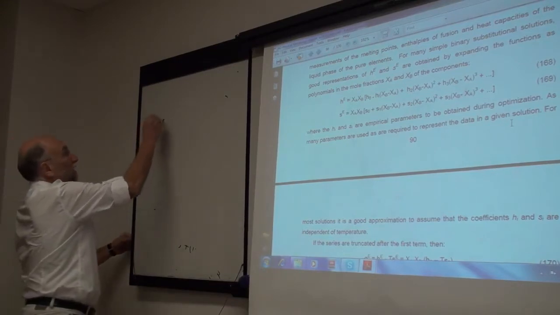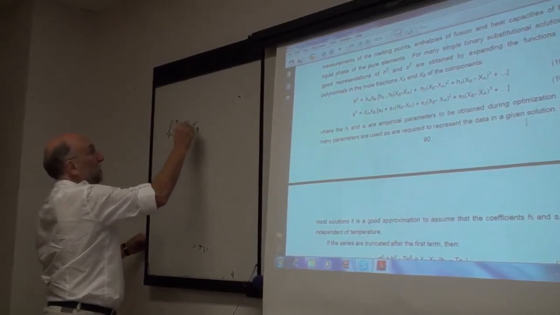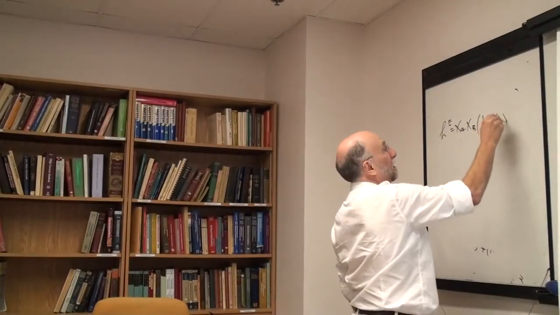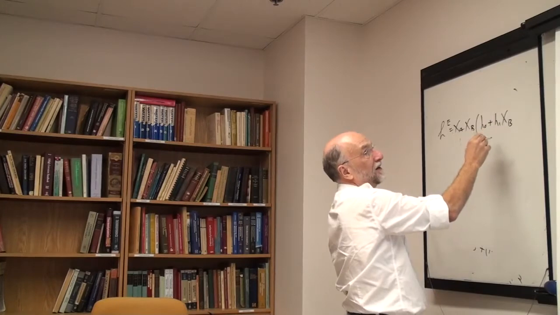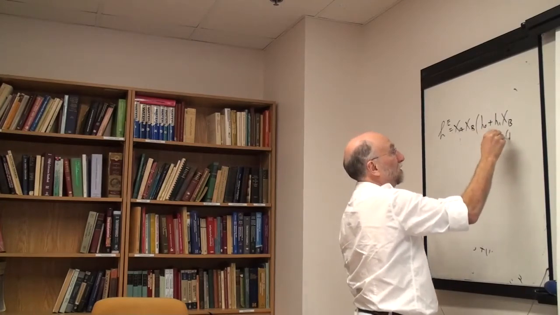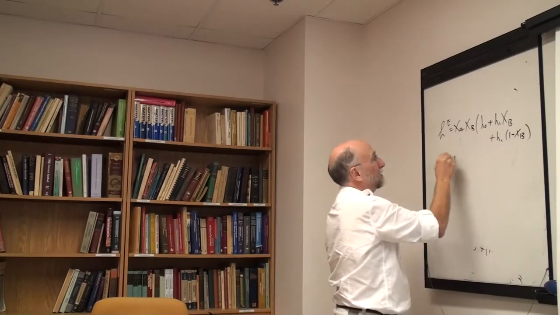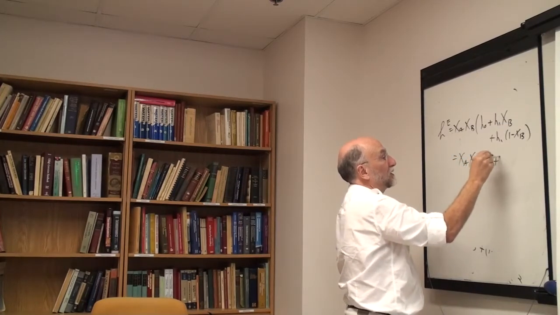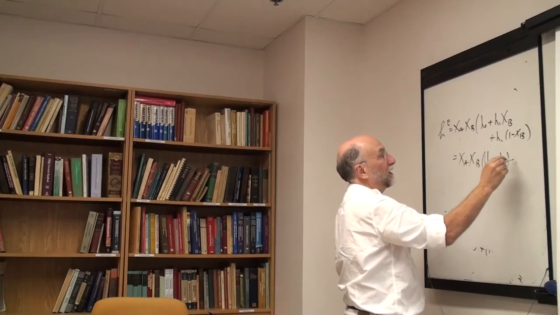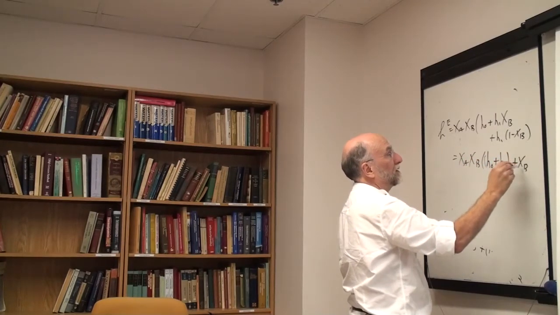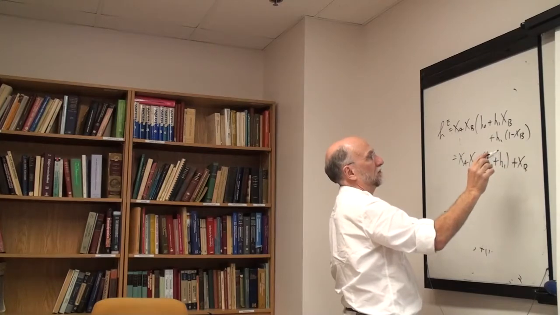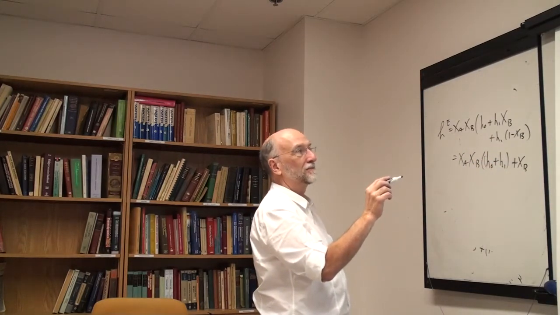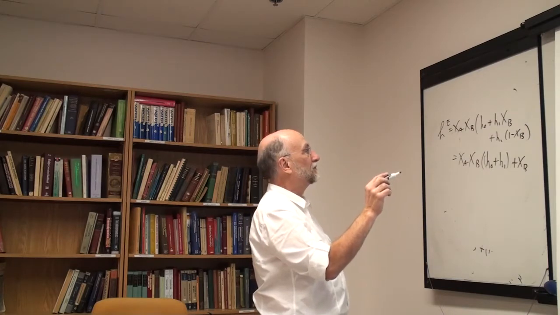So I could write hxs is equal to xa xb, and here I would have h0 plus h1 times xb plus h1 times 1 minus xb, which would be xa. If I just take two terms, times h0 plus h1, plus xb, that's wrong, minus xa.